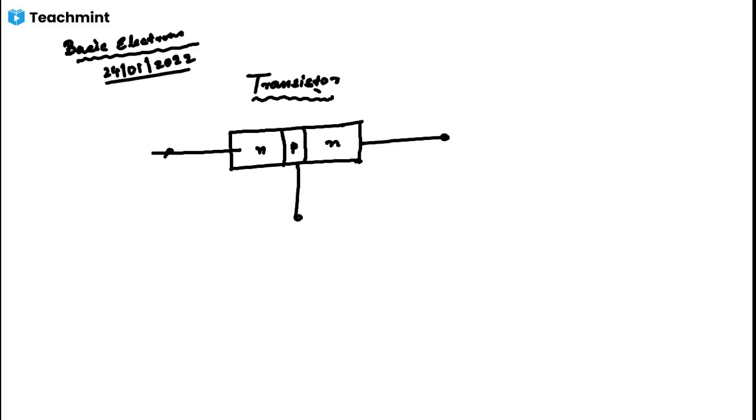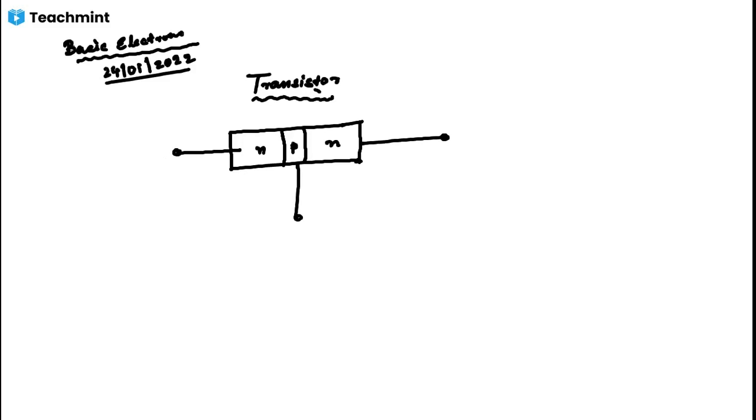So these are the three terminals. One is on the N side, one is on the other side, and another is on this side. These three terminals have names. What are the names of these three terminals?